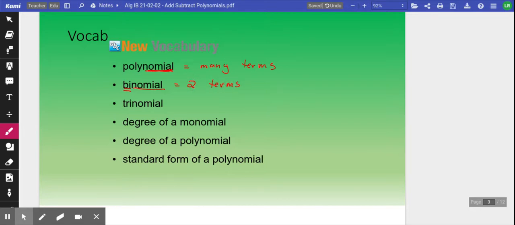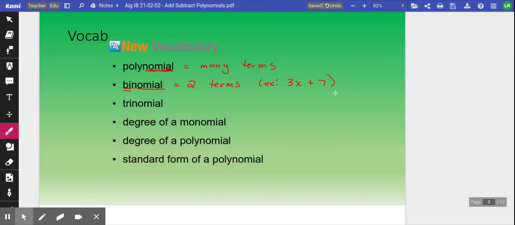So an example of a binomial would be like 3x plus 7. Notice this plus sign separates the 2 terms. 3x is one of the terms, 7 is our other term. There are 2 terms there.